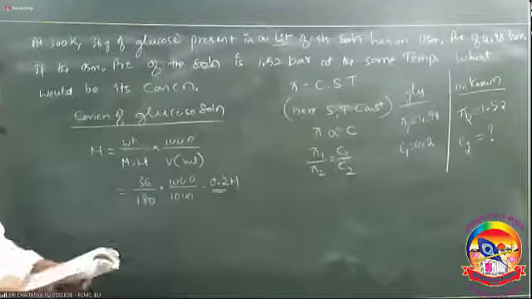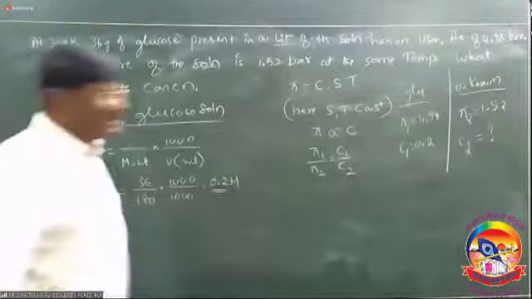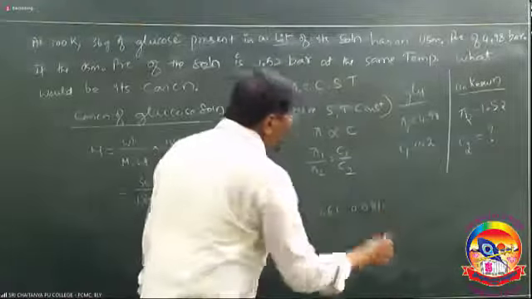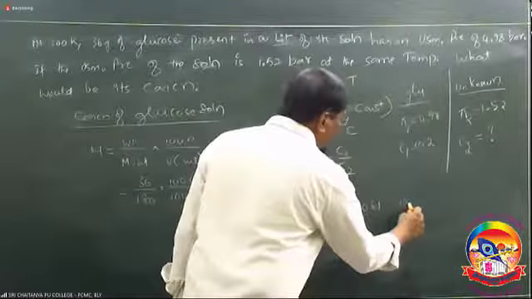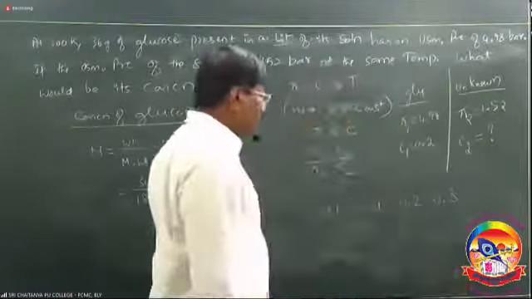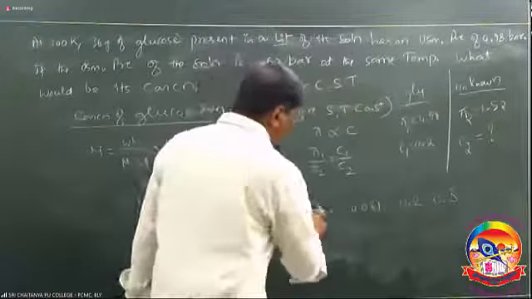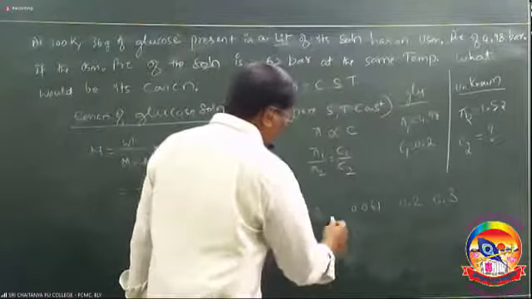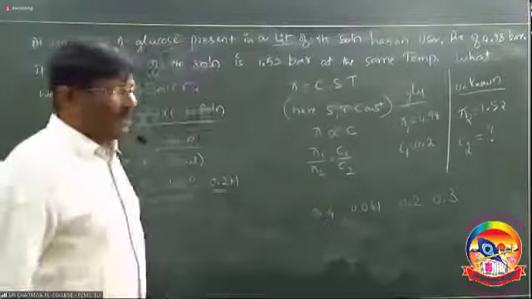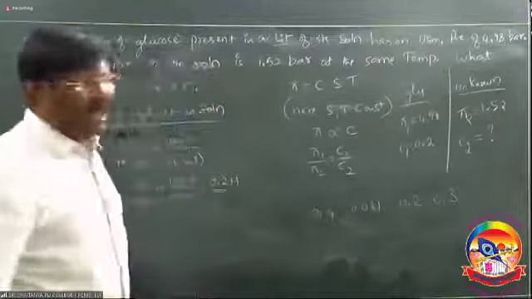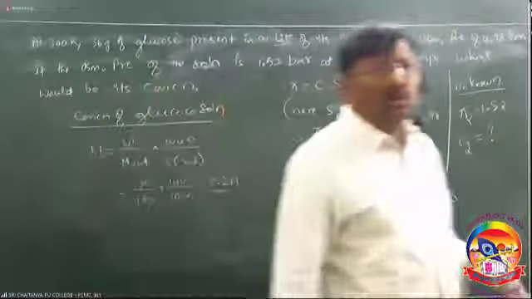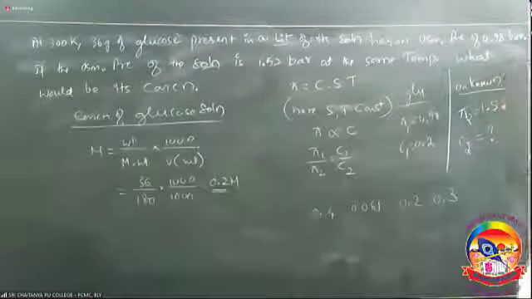Suppose the options are 0.61, 0.061, 0.2, 0.3, 0.4. What may be the answer? Without solving the problem, we should do that. I am saying, very simple.